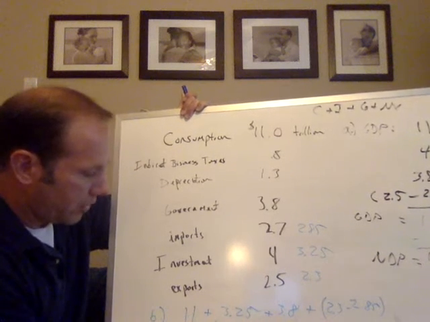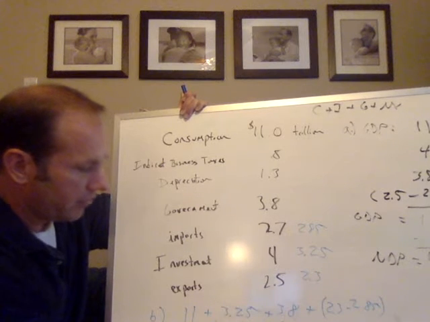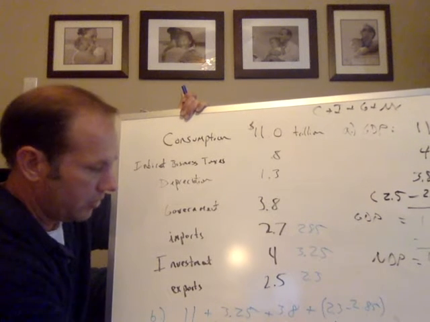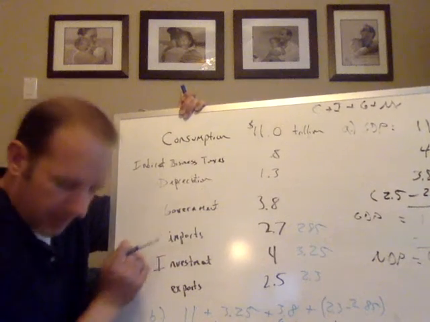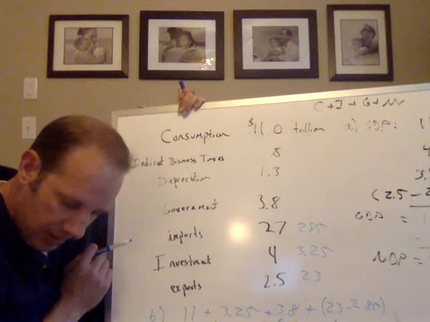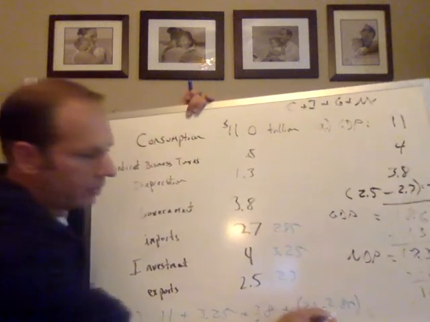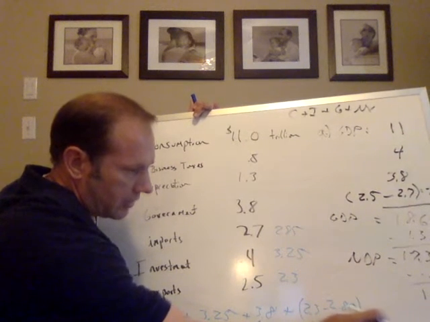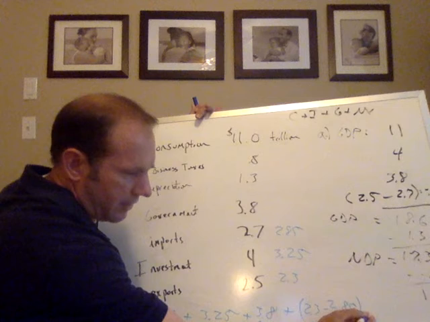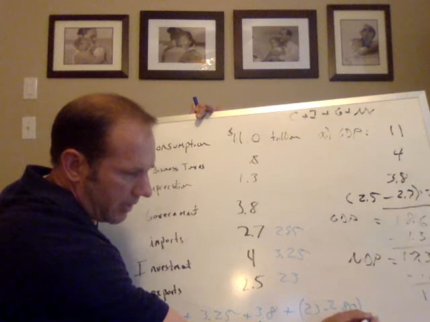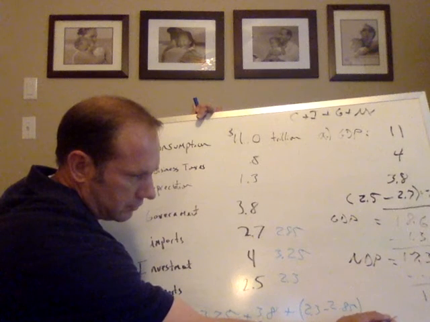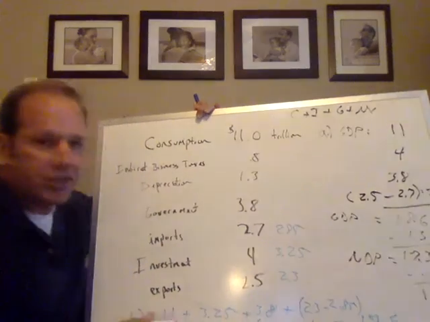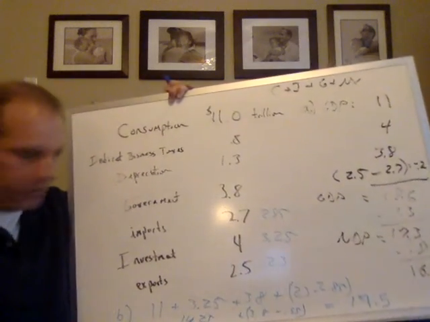So you have 14.25 plus these sum to 3.25, and that comes out to be 17.5. That's hard for me to write that far away. 17.5 is the answer to B.